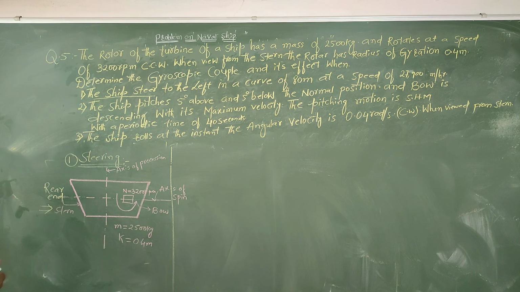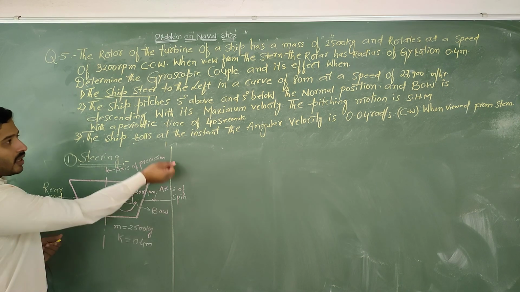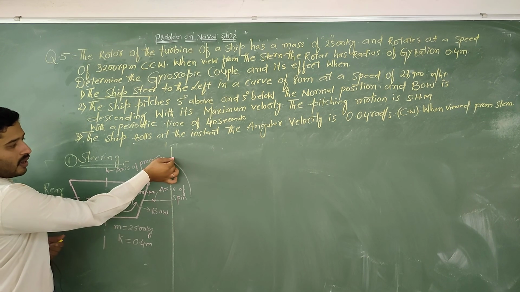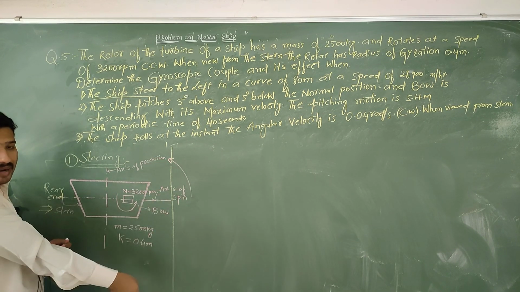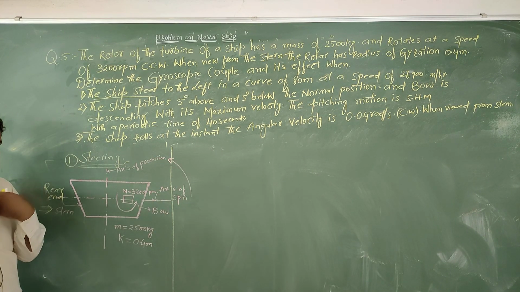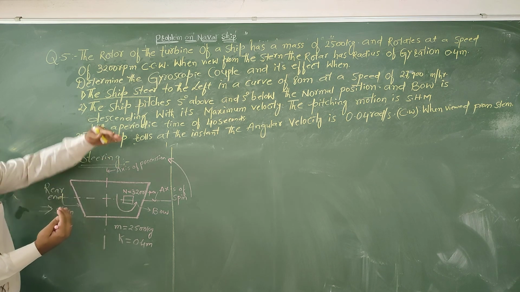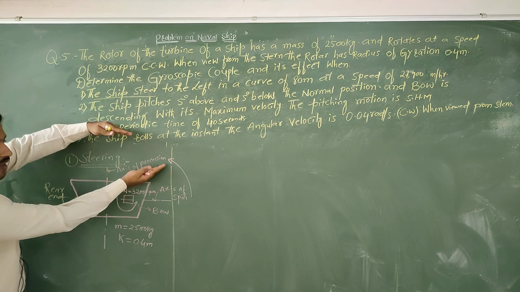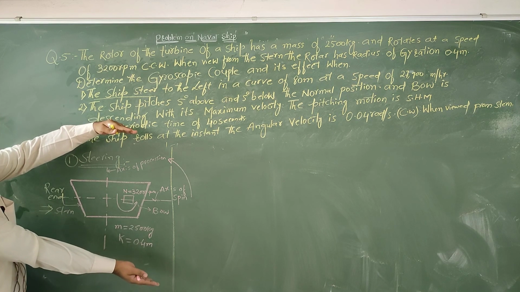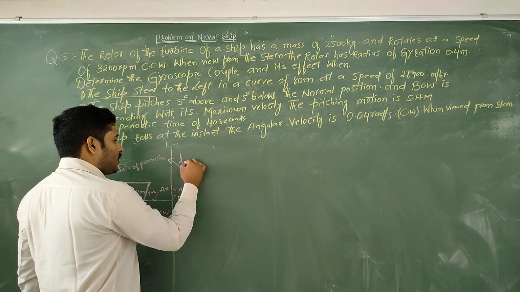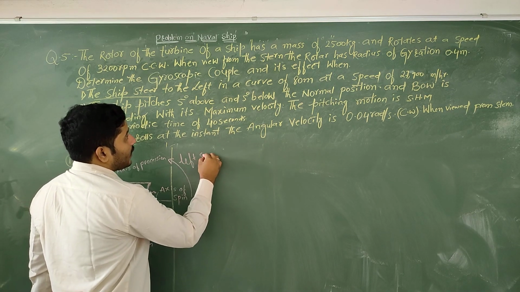The ship is steered to the left in a curve of 80 meter radius, so it is taking the left turn. Since I am an observer looking from the stern toward the ship, this is the left hand side and this is the right hand side.